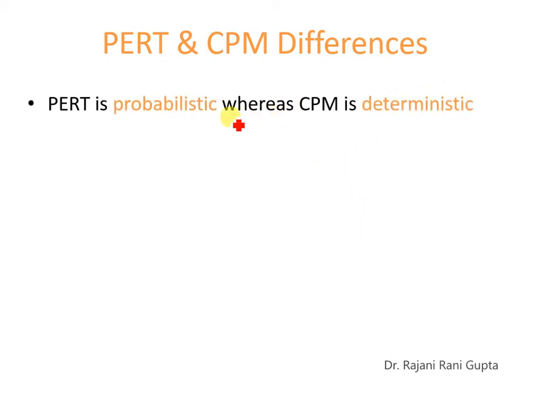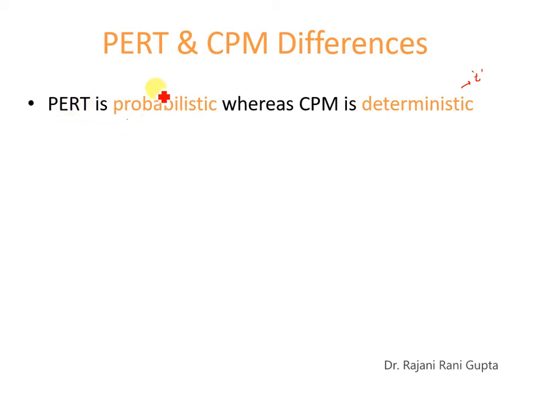As I said, PERT is probabilistic in nature, whereas CPM is deterministic. As we have seen in the CPM example, just one duration is given for each activity, like activity A gets completed in this duration, activity B in this much duration.